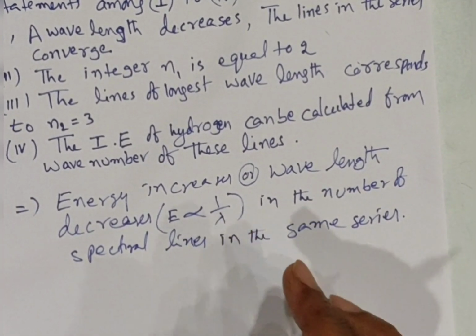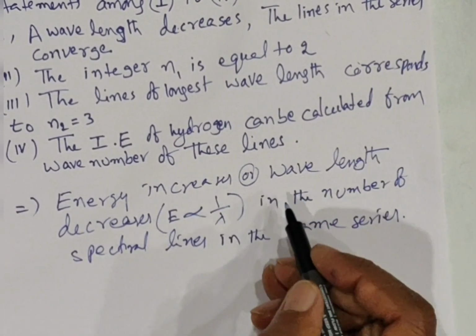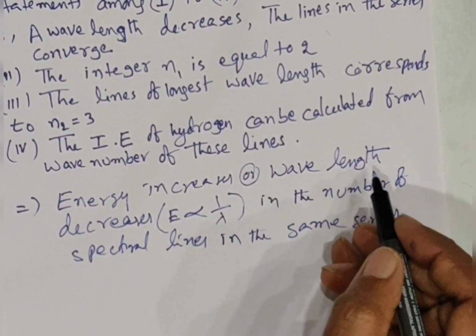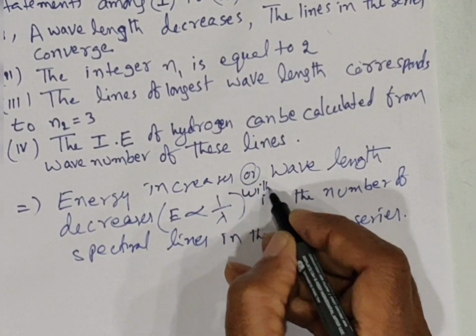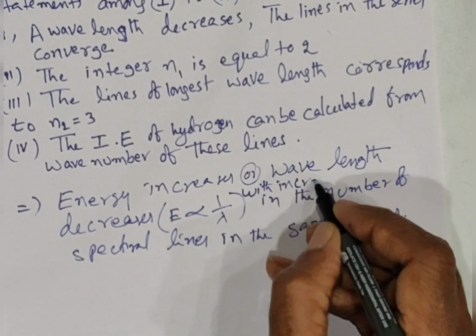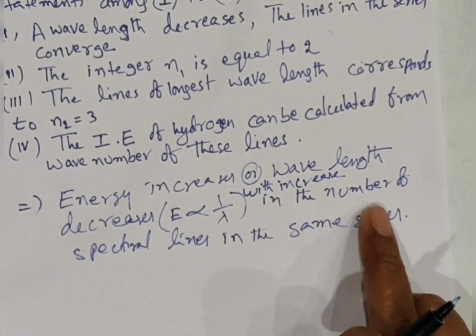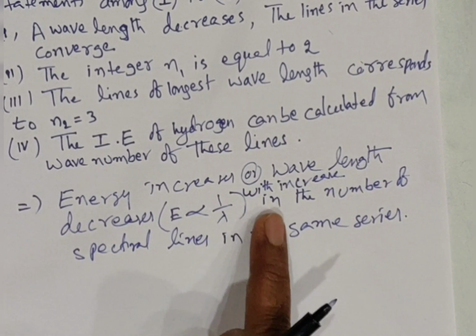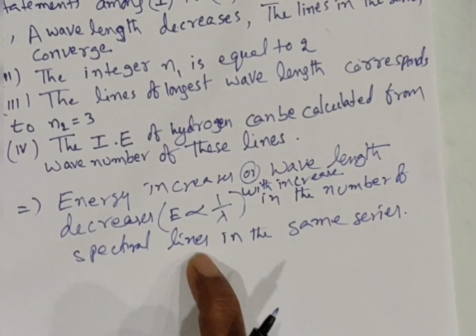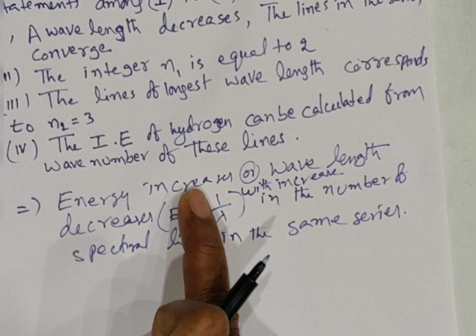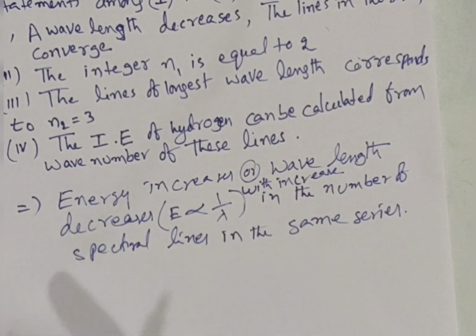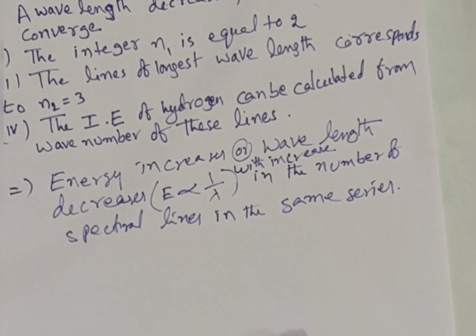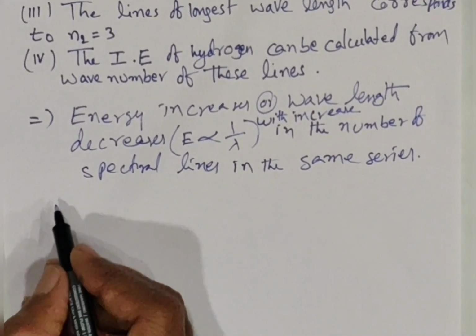That means with the increase of number of spectral lines, energy increases or wavelength decreases. This is one important point you must and should remember.